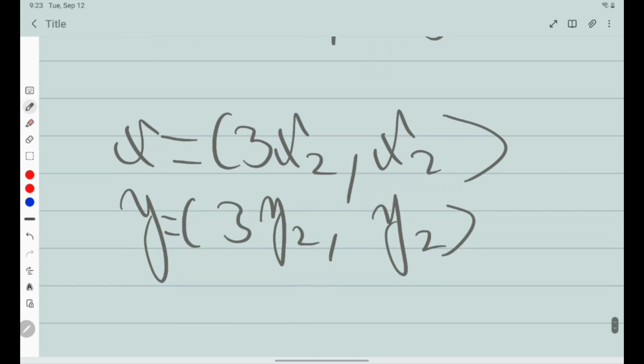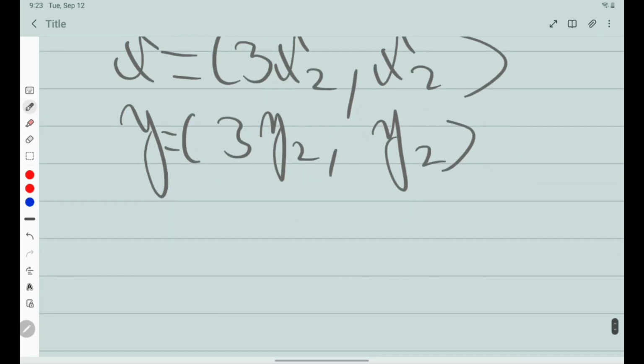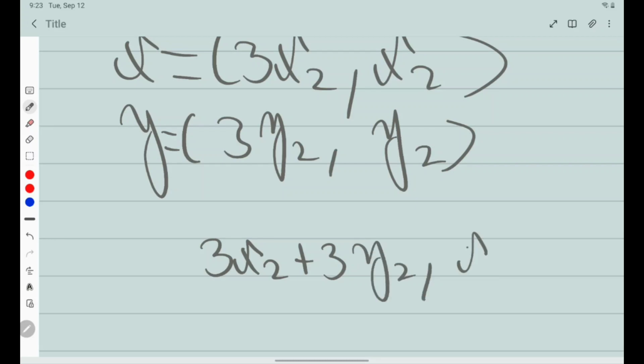Okay. And if we were to add them, we just get 3x2 plus 3y2, and then x2 plus y2.